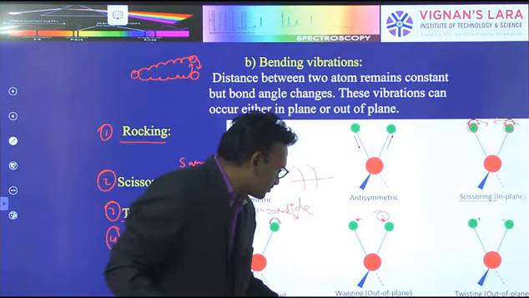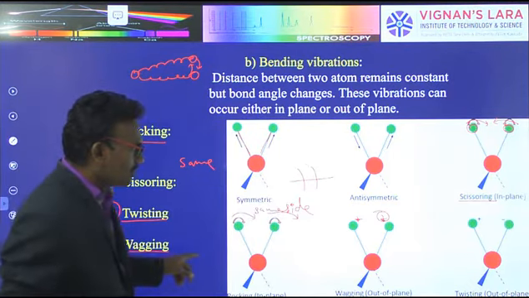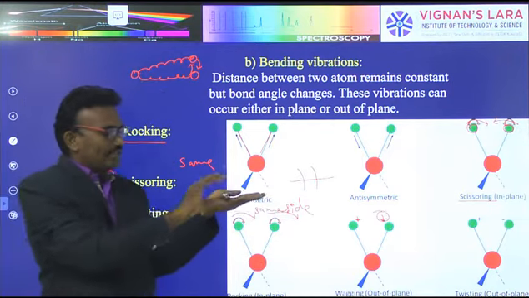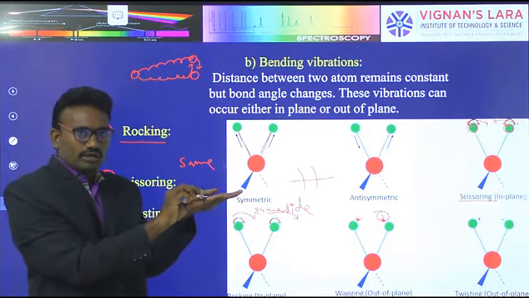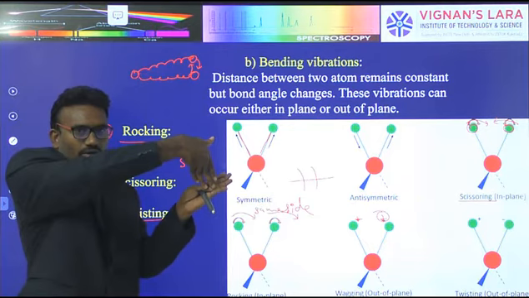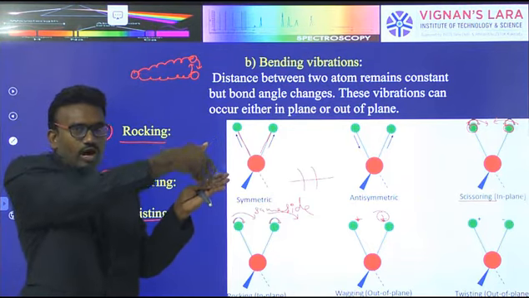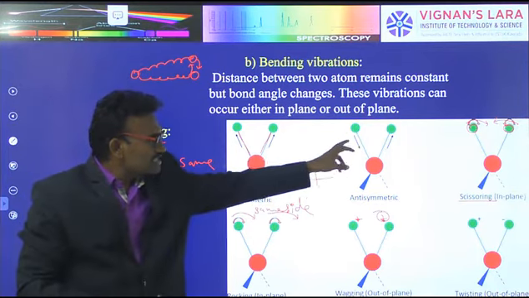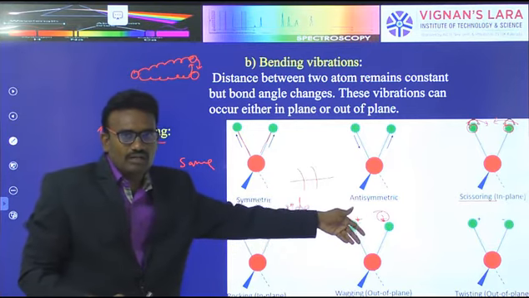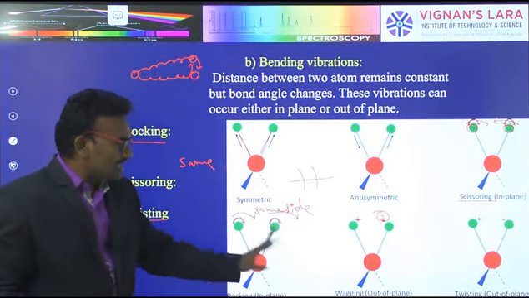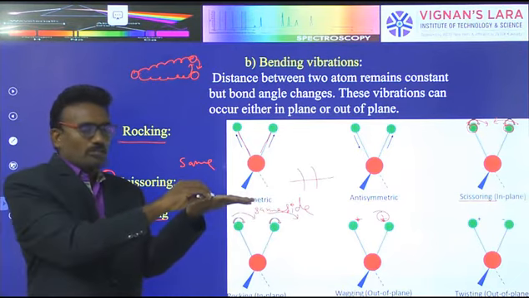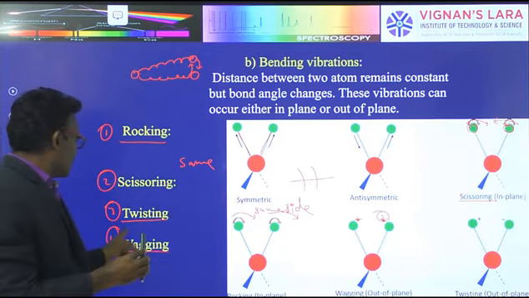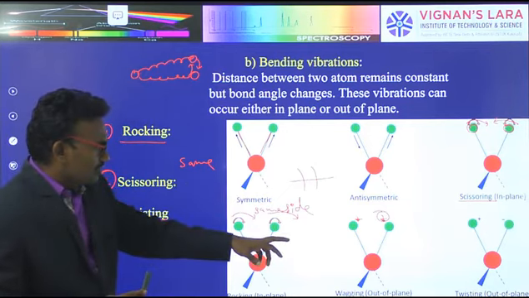Wagging means the same side. What is twisting? Twisting means one atom is bended to the bottom, and the other atom is bended to the up position. So both are bended oppositely, they cannot bend to the same side. Where molecules are bended to the same side in the plane, for example, this is the plane, and the molecules are bended into the same side, that is called wagging.